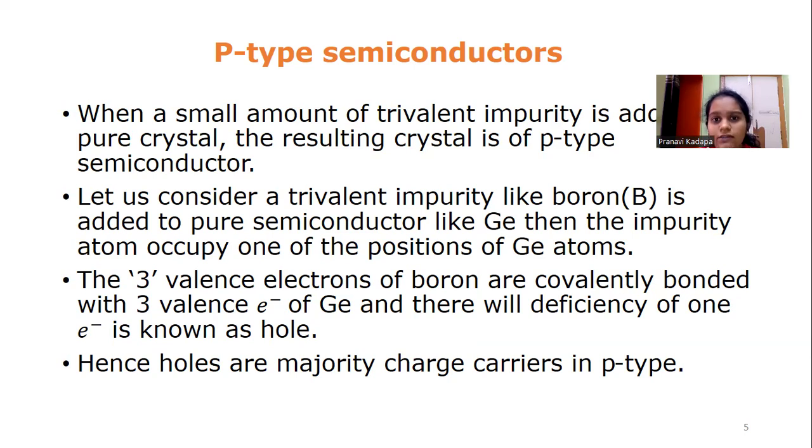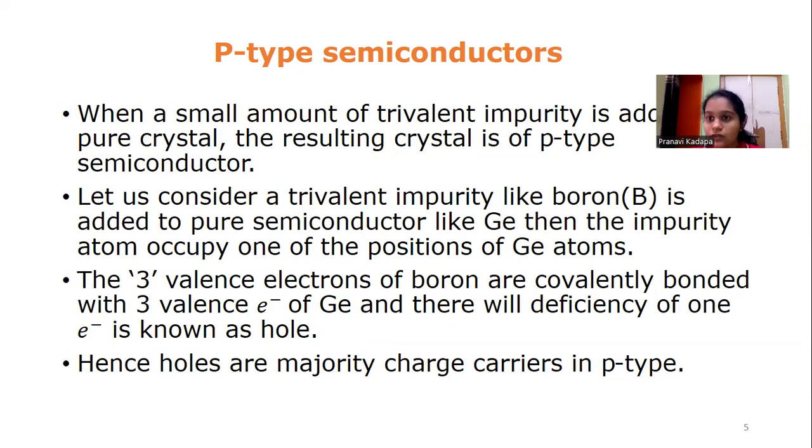Let us consider a trivalent impurity like boron, B, added to a pure semiconductor like Ge. The impurity atom occupies one of the positions of Ge atoms. The three valence electrons of boron are covalently bonded with three valence electrons of Ge, and there will be a deficiency of an electron, which is a hole.